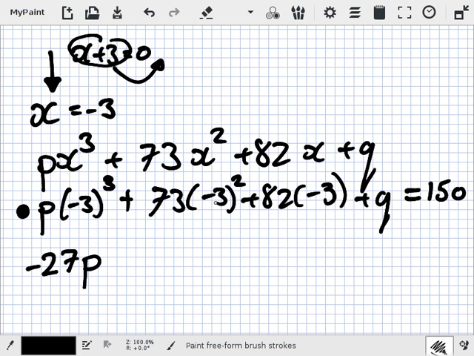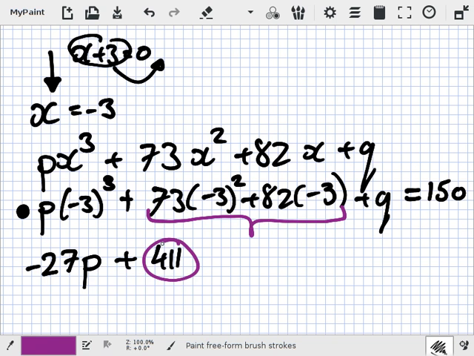Now, do you have this one already, what is it? 411. 411, okay. Plus, you put the two of these together already, have you? Yeah, you put both of them together as one thing on your calculator and you got that. Okay, and then we have plus q equals 150 then. Good, okay.